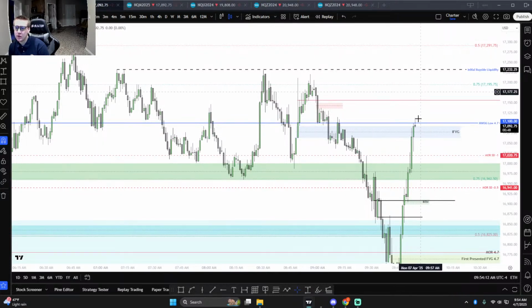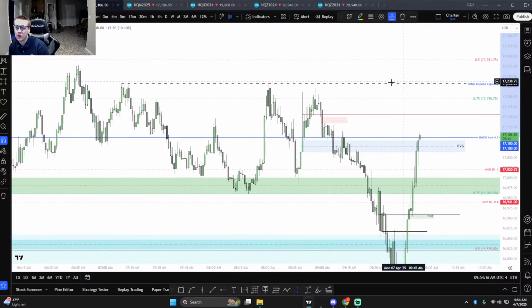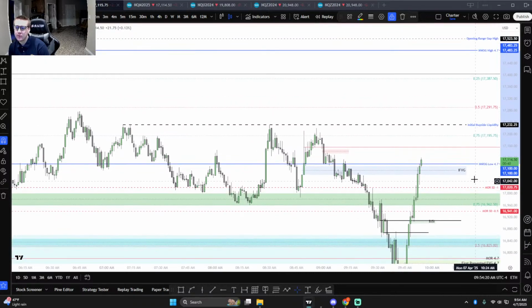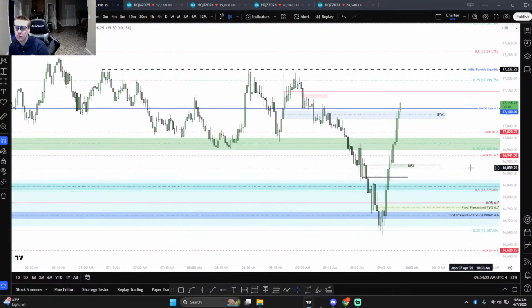So I would expect to see us trade up higher here. Already have used this initial buy side liquidity. New week opening gap constant encroachment. That would have been a partial right there. New week opening gap low.